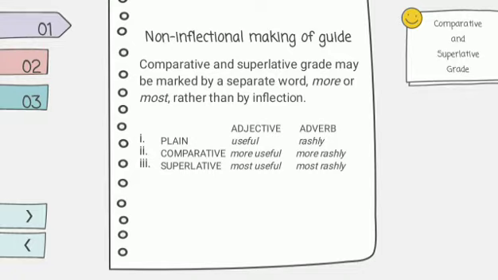For example, as you can see in the video, the adjective example: useful as plain, more useful as comparative, most useful as superlative. And the adverb example: rashly as plain, more rashly as comparative, and most rashly as superlative.